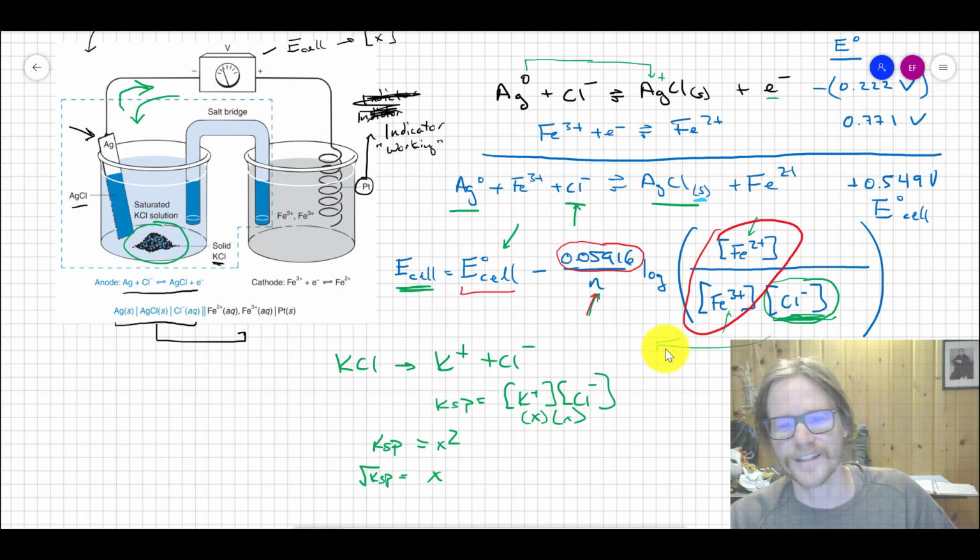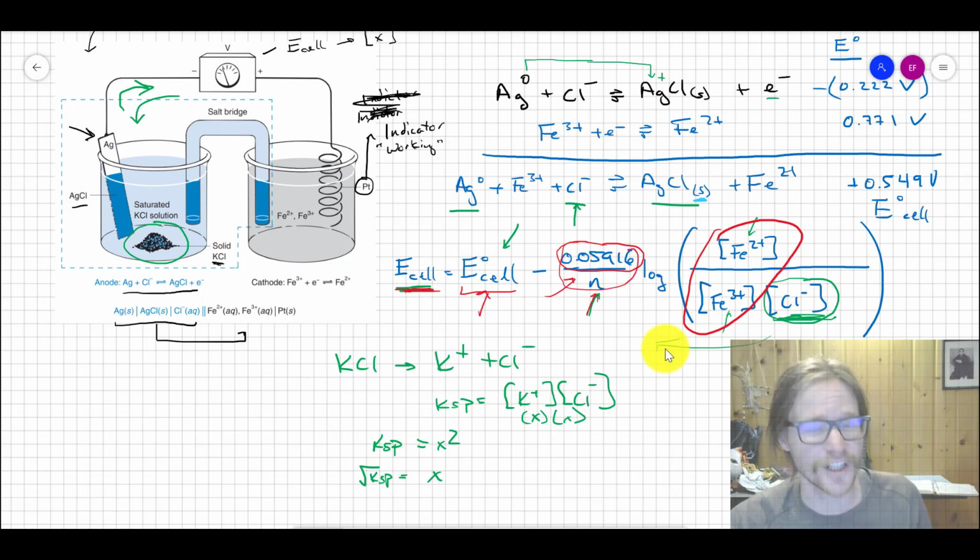If this is E cell and we're subtracting this, this is volts. This is essentially millivolts if you want to think about it. So what that really means is every factor of 10 change in the ratio between iron 2 and iron 3 in the cell, we get a 59 millivolt change in our E cell, because this is a constant. And this is a constant, and so the only thing that changes is that ratio, just like the Henderson-Hasselbalch equation.